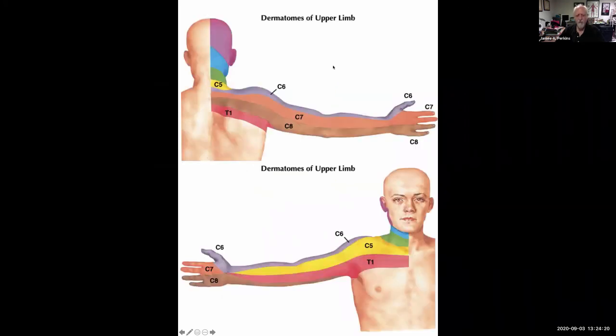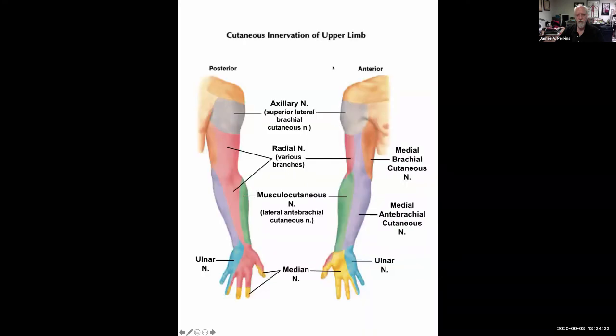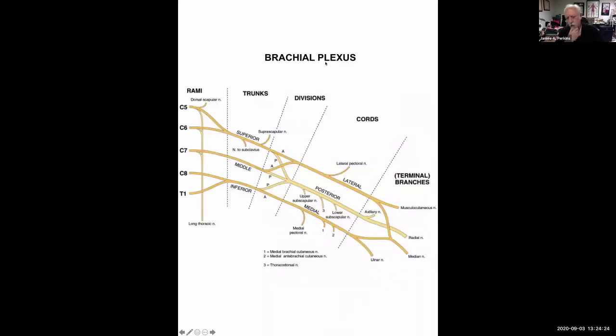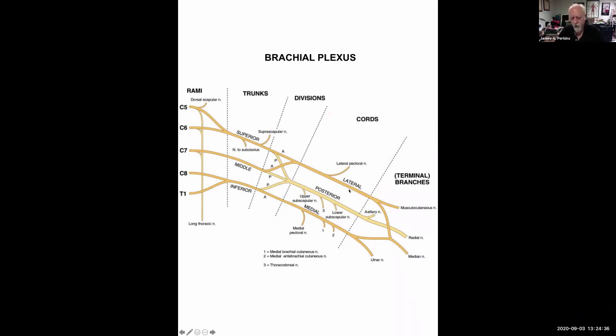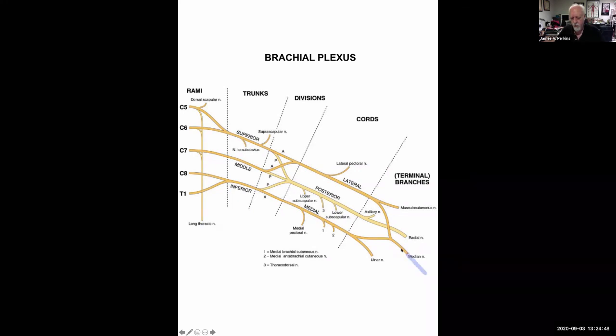So let me back up to the picture of the brachial plexus and walk you through what I'm talking about, just in case it's not clear at this point. And I realize it's a confusing concept. Using that example of the thumb again, there are some sensory neurons that originate in the skin on the anterior aspect of the thumb, which would be traveling through the median nerve.